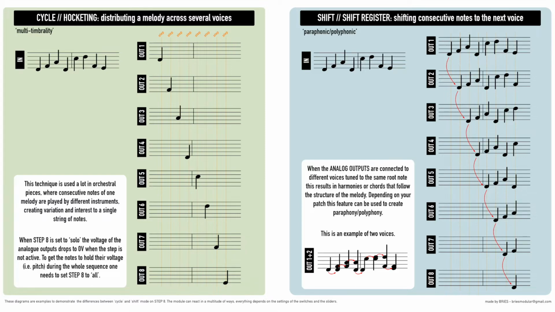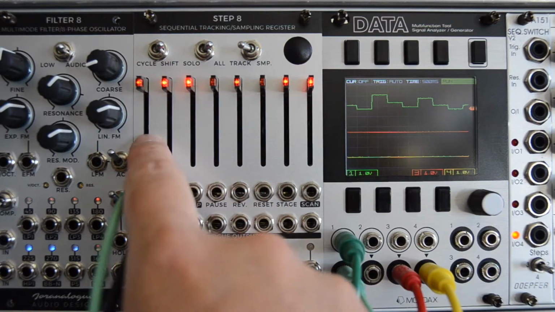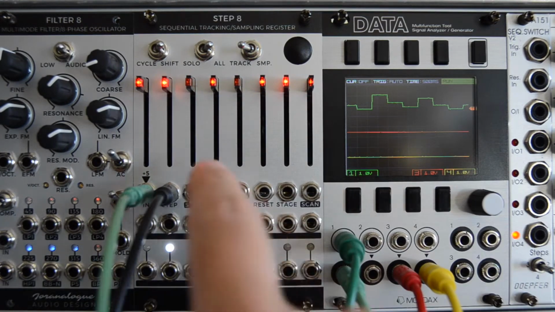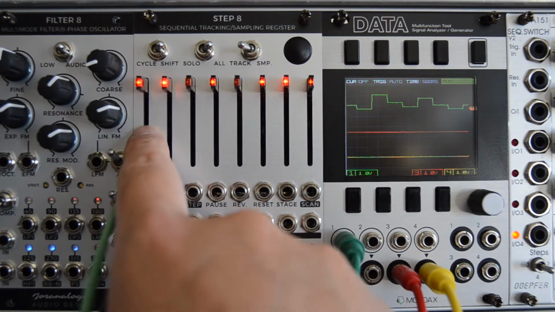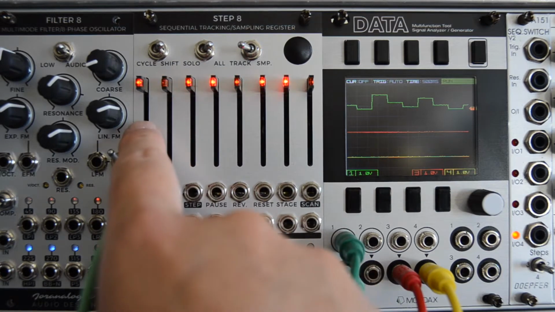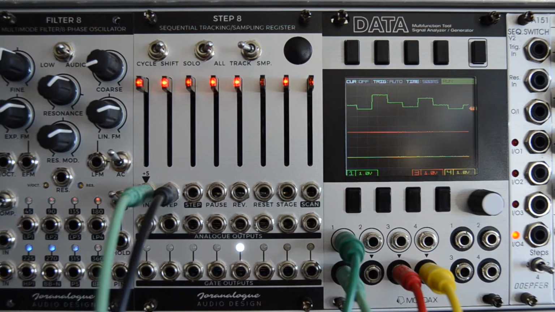But when you're in shift mode, this is simply not the case. The first step would track or sample the first step of our sequence, the first note. Then when the second note hits, the first note switches to the second step, and the first step will track or sample the second note of the sequence.